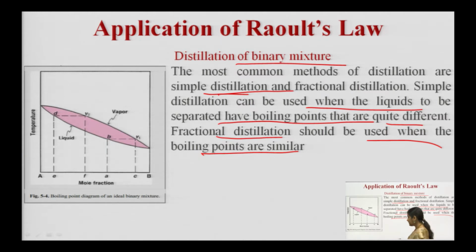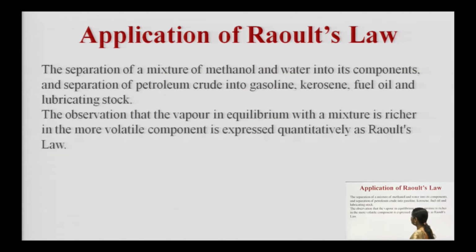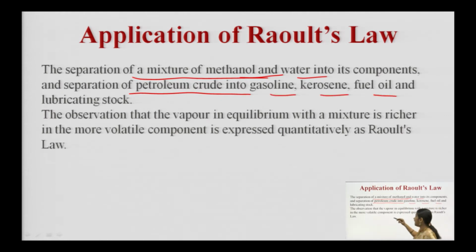Now, we will start with this graph. Before explaining the graph, let us go through some examples of liquid mixtures which can be separated by the simple distillation method. One is methanol and water, then separation of crude into gasoline, kerosene, fuel oil and lubricating stocks.